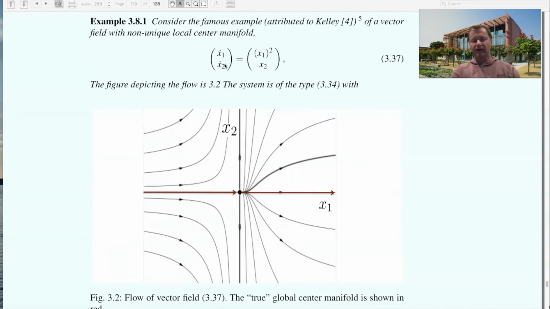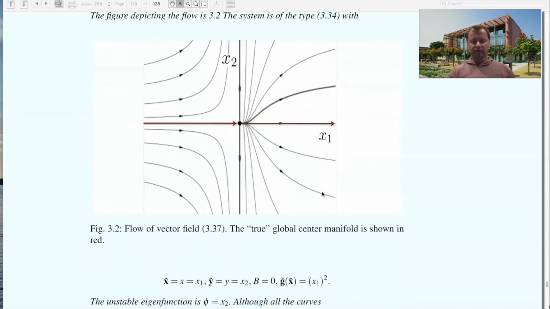So that satisfies the condition for x2 being a Koopman eigenfunction with eigenvalue 1, happens to be unstable. x2 is equal to 0 is precisely this line that is, in this theory, the global center manifold.